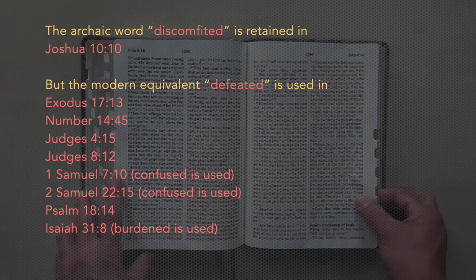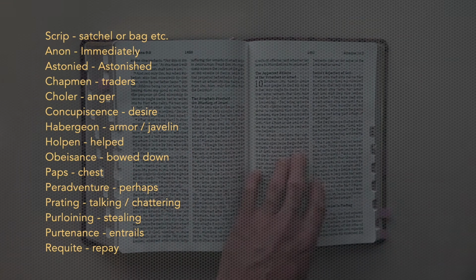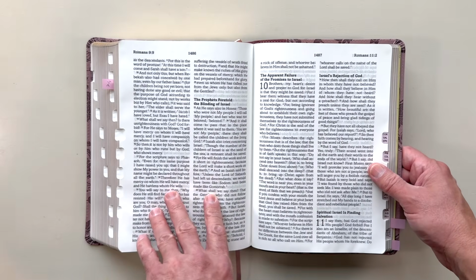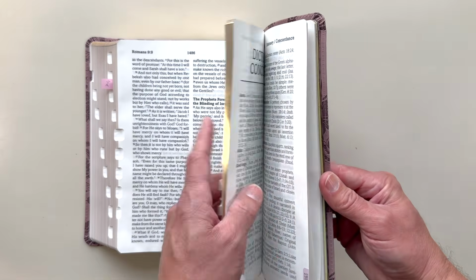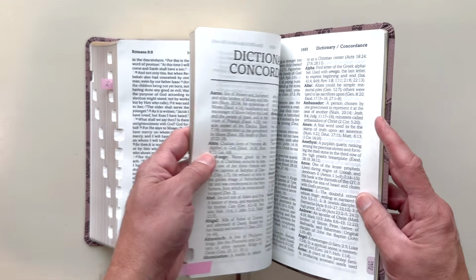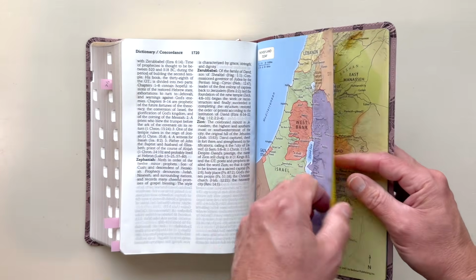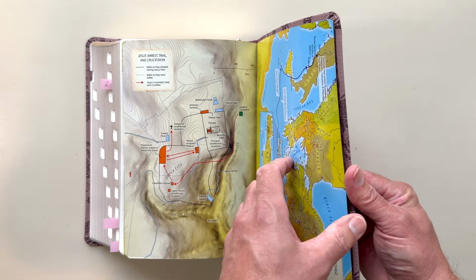But just so you know, the archaic words that I mentioned a little while ago are the same in this one. That's all I got in my notes on this. A lot of this was similar to the other one. Same dictionary concordance here in the back. Same maps, beautiful full screen, edge to edge, colorful maps.